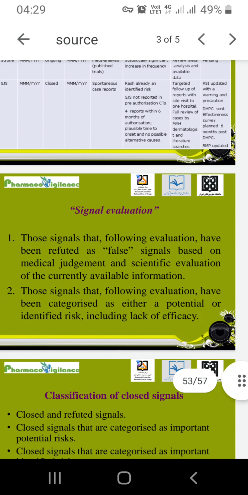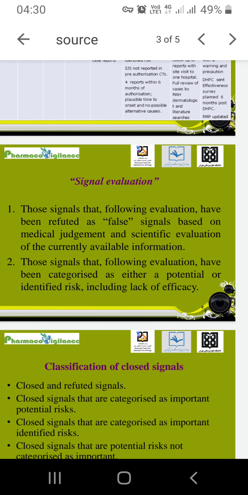Second, those signals that, following evaluation, have been categorized as either a potential or identified risk, including lack of efficacy.